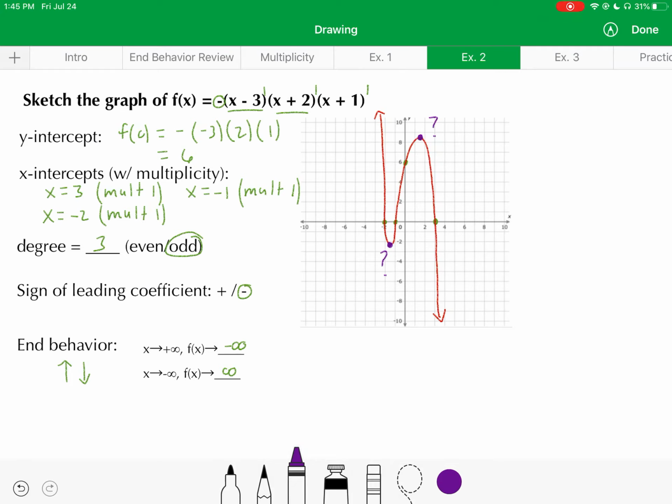So for now, we're just concerned with knowing that there has to be a turn in between x equals -2 and x equals -1, as well as a turn in between x equals -1 and +3, okay? So I'm not super concerned with where those turns take place, just as long as we know that they have to actually happen, okay? Let's do one more example.